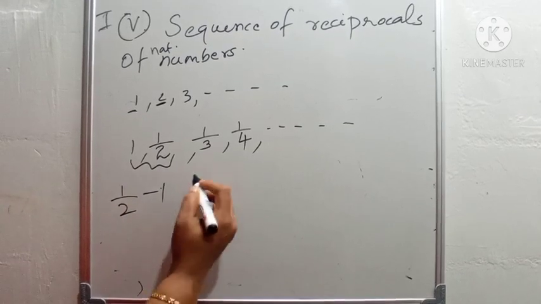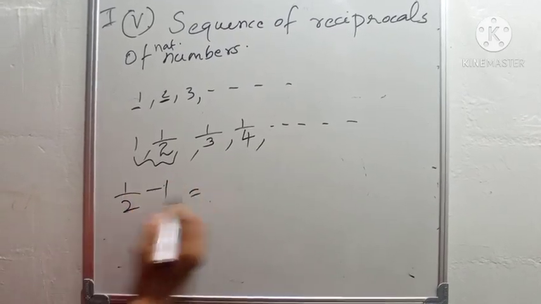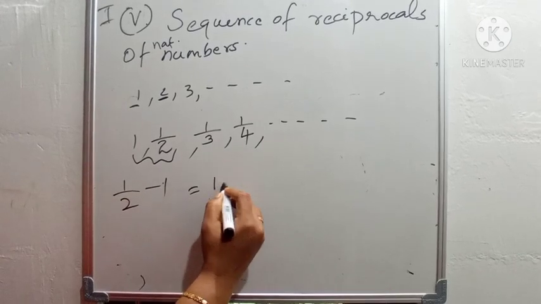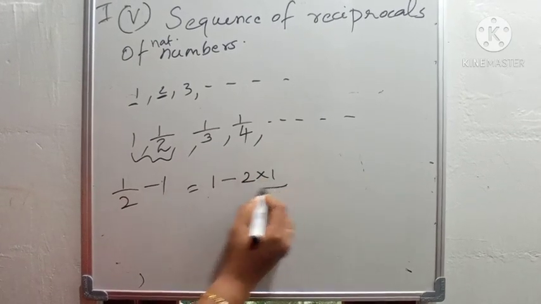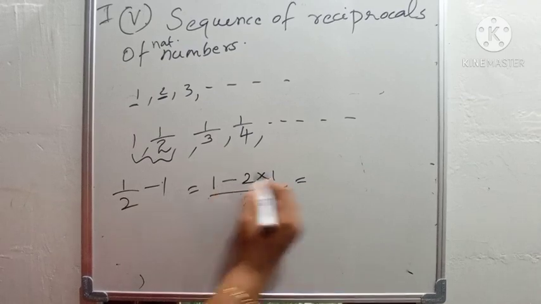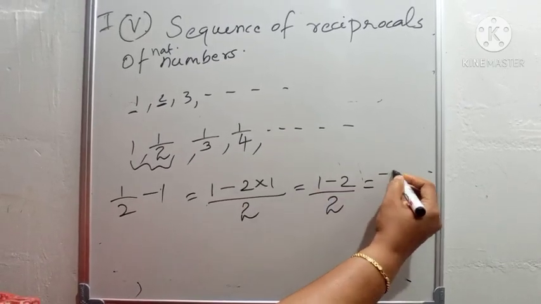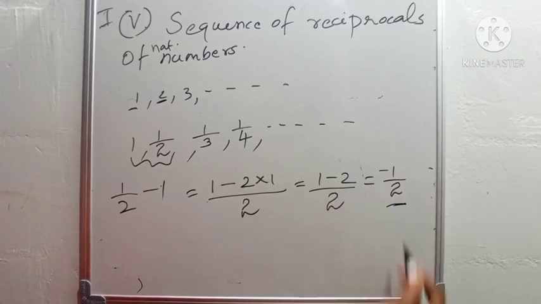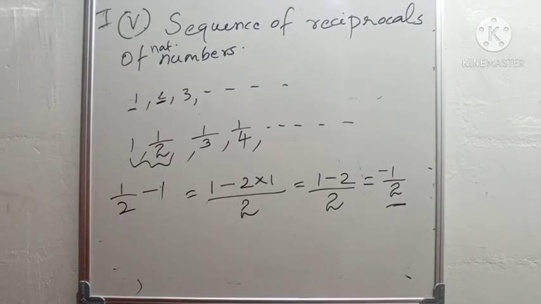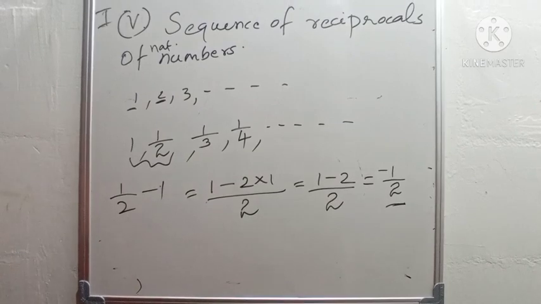How do we calculate the answer? That is 1 minus 2 into 1 by 2, which is 1 minus 2 divided by 2. 1 minus 2 is negative 1, so that is equal to negative 1 by 2.